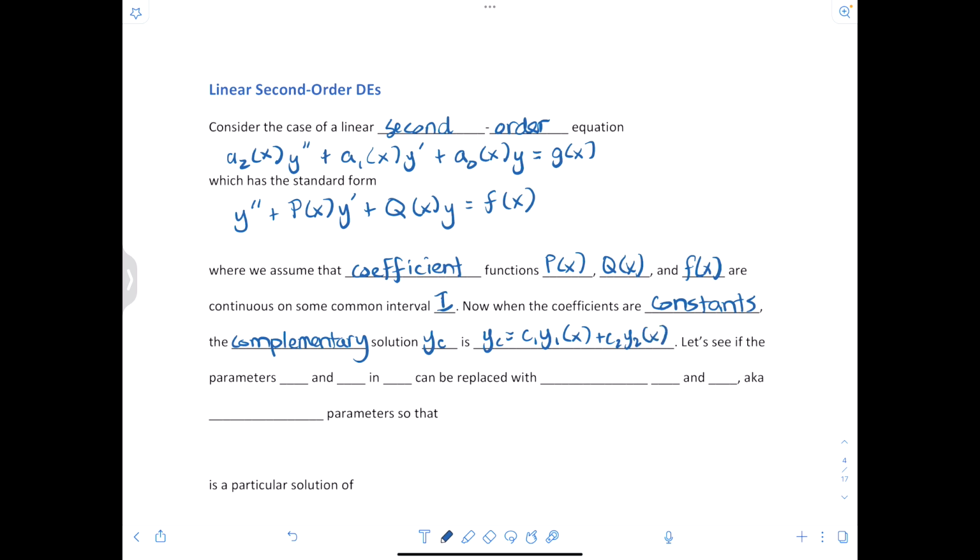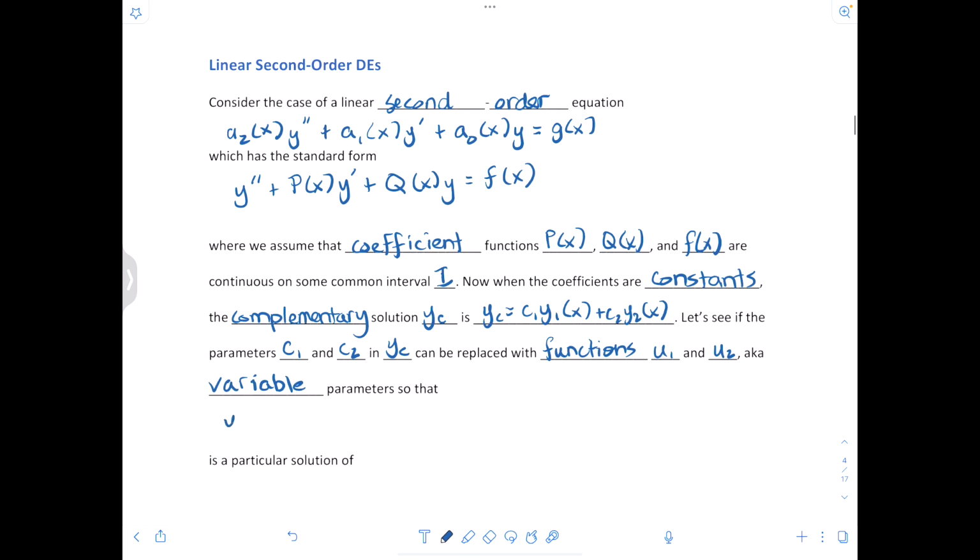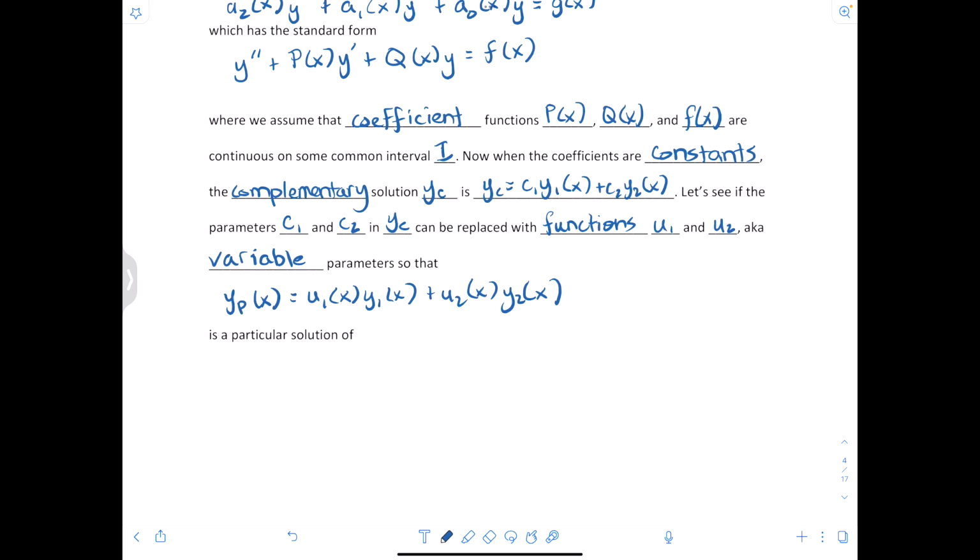Now let's see if the parameters c1 and c2 in yc can be replaced with functions u1 and u2, also known as variable parameters, so that yp(x), which is equal to u1(x) times y1(x) plus u2(x) times y2(x), is a particular solution of that standard form, which was y double prime plus p(x) y prime plus q(x) y is equal to f(x).